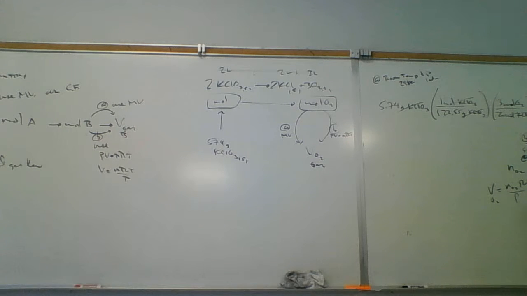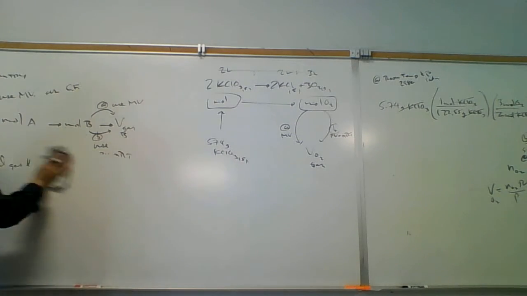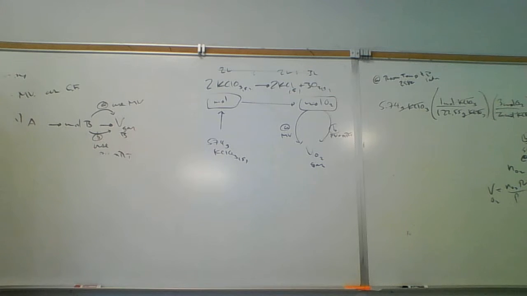And so I could either use the ideal gas law as an algebraic calculation here, or I could use the molar volume. I can calculate the molar volume at any temperature and pressure, so if I'm doing this at elevated temperature, I can calculate the molar volume there.